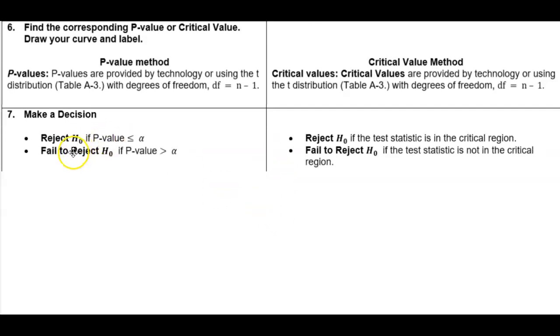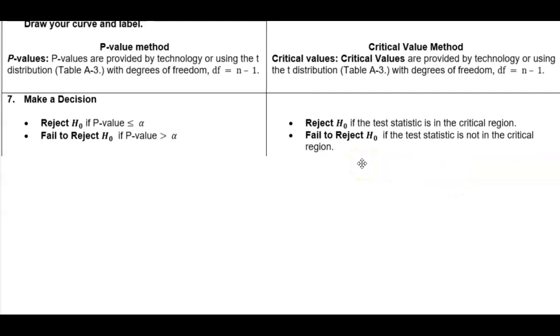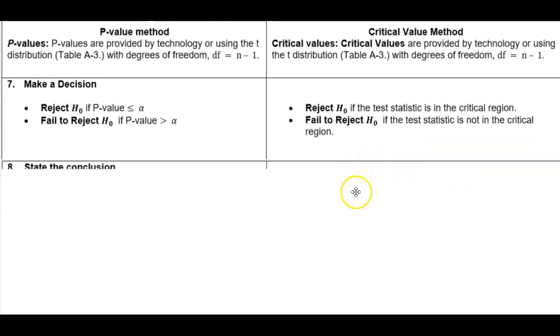For the p-value method, you reject the null hypothesis if the p-value is less than or equal to the significance level, and you fail to reject the null hypothesis if the p-value is greater than the significance level. For the critical value method, you reject the null hypothesis if the test statistic is in the critical region, and you fail to reject if the test statistic is not in the critical region.